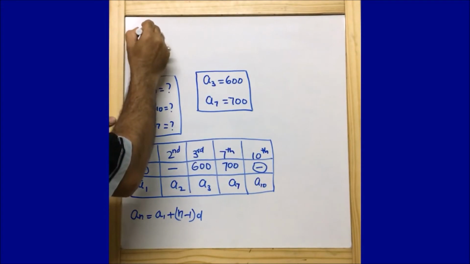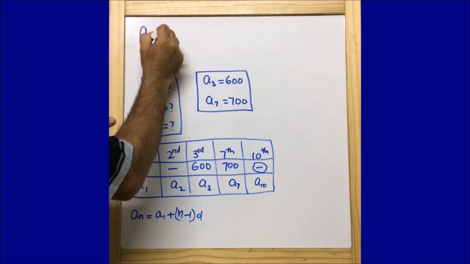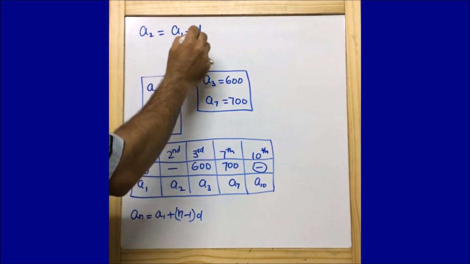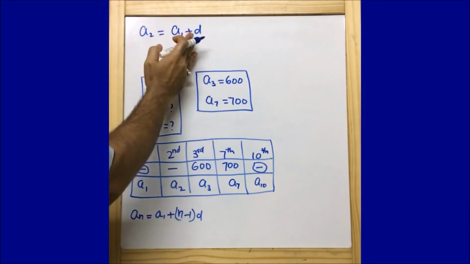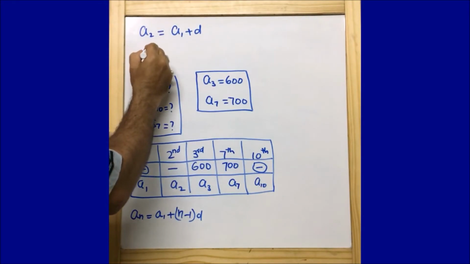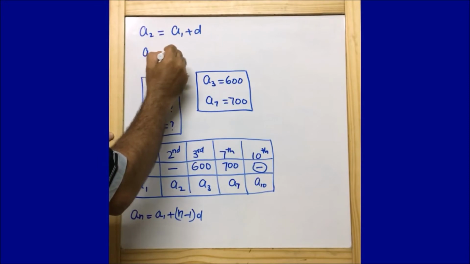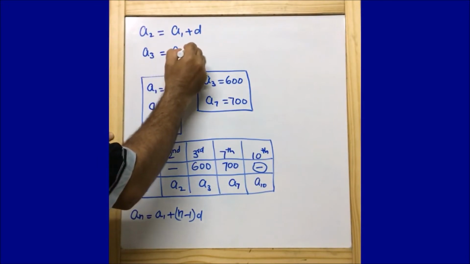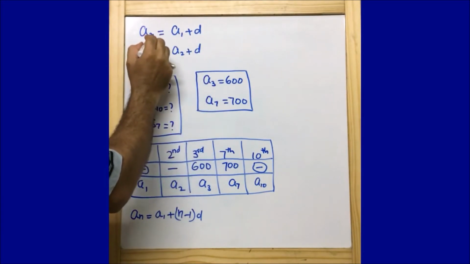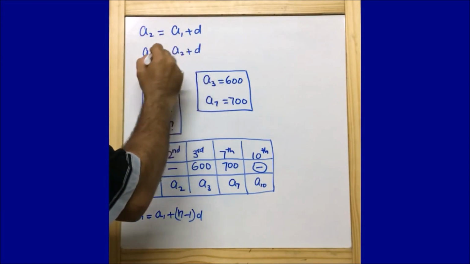Now, a2 is equal to a1 plus d, because if we add the common difference to a1, we will get a2. Similarly, a3 is equal to a2 plus d, because if I add the common difference to a2, I will get the value of a3.